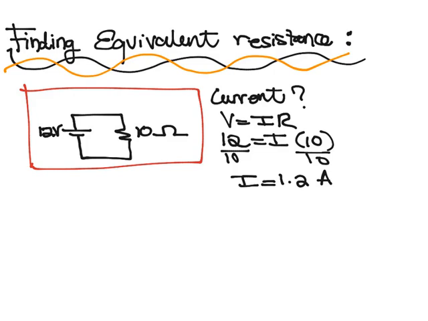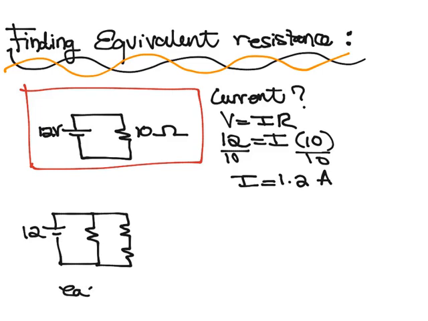Okay, but the question is, what would you do if instead of having that 10 ohm resistor, you had a slightly more complicated circuit, and each resistor is 10 ohms.